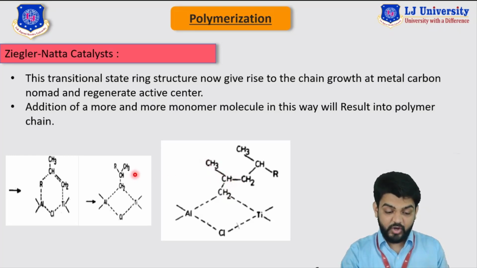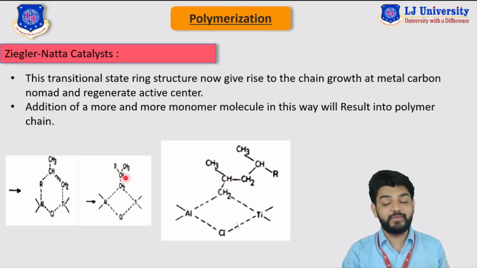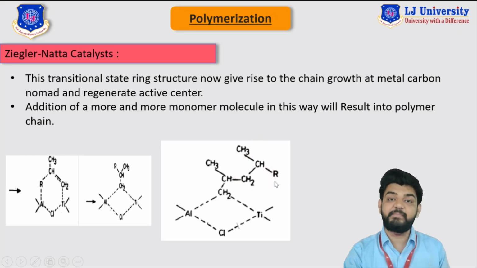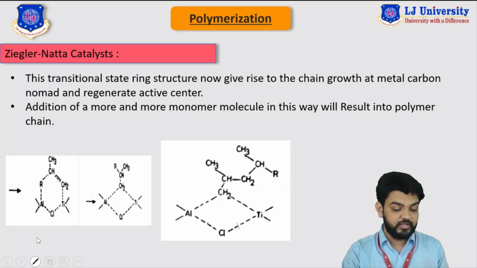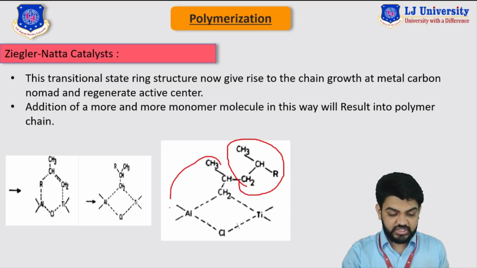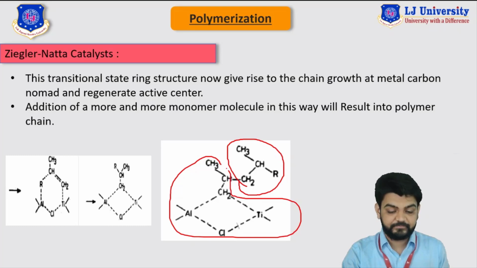But now instead of this R, the new monomer chain will be connected. You can see here this is the CH2, CH, CH3 and R. So this particular thing represents the new monomer, which is attached to the initiator. This is the initiator that we are discussing.